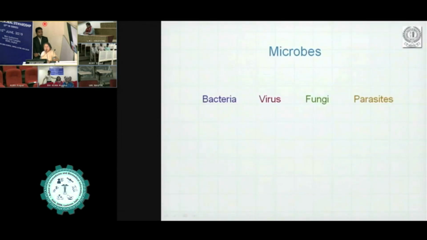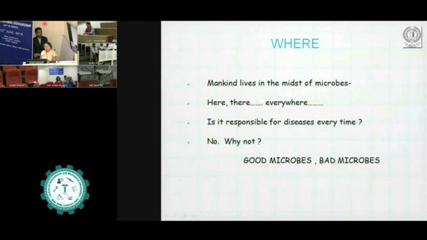When we talk of microbes, we know that there are bacteria, viruses, fungi, and parasites, which can be grouped as eukaryotes or prokaryotes. But the number of microbes is much more in our body.